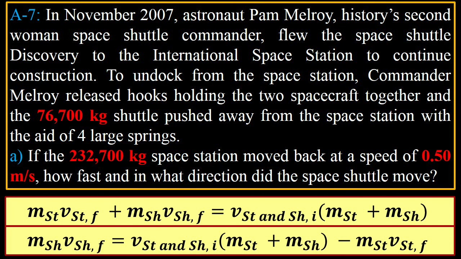The next slide has the mass of the shuttle times the final velocity of the shuttle. Now I'm going to divide through by the mass of the shuttle. Wait for it, and why don't you try to do it right now, plug in, and see if you can get the correct answer.